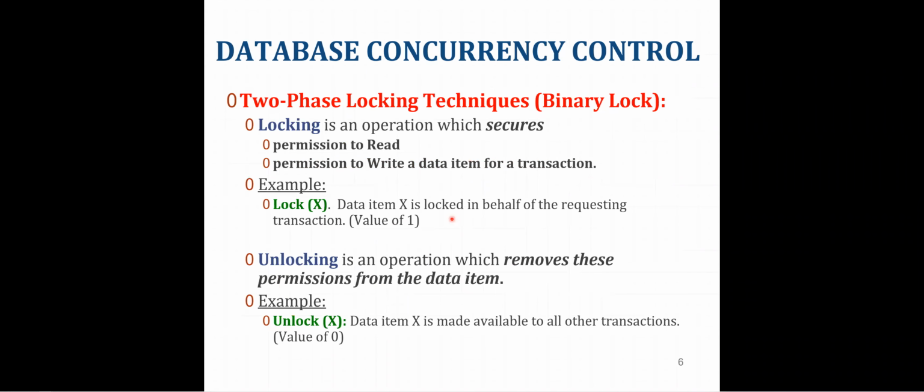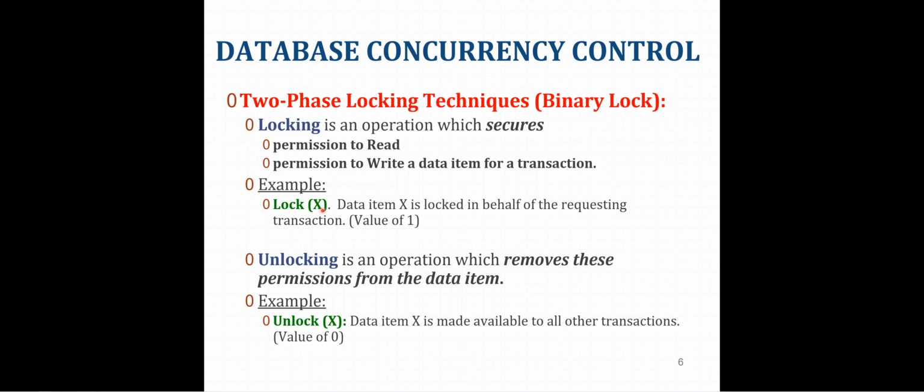First of all, let's start with the binary lock. It's a concept of locking that can be used in two-phase locking techniques, but it's rare. It's not that common, let's say. Locking secures permission to read or write a data item for a transaction.